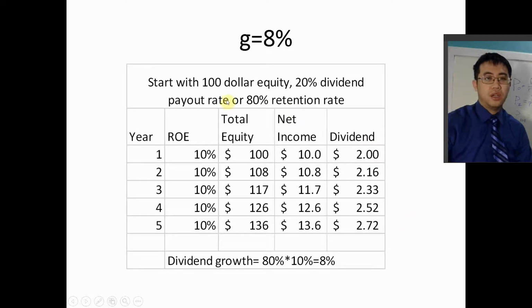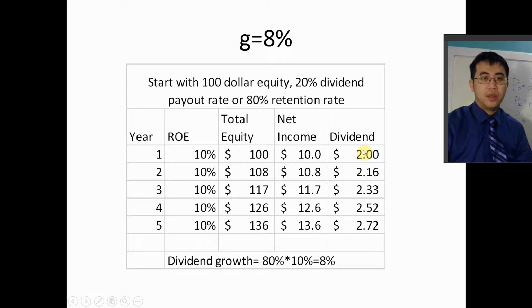But here, if you decide to save 80% of your profit, your net income, and only pay out 20% of the net income as dividend, your story is going to change. So assume the profitability of the firm is still the same. The ROE is still 10%, and you also start with $100 equity. So the first year you make $10, and your dividend is $2.